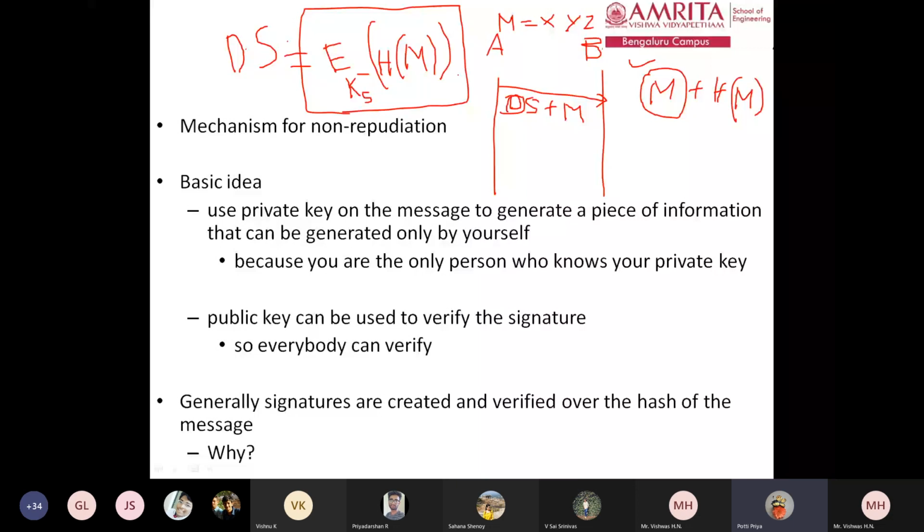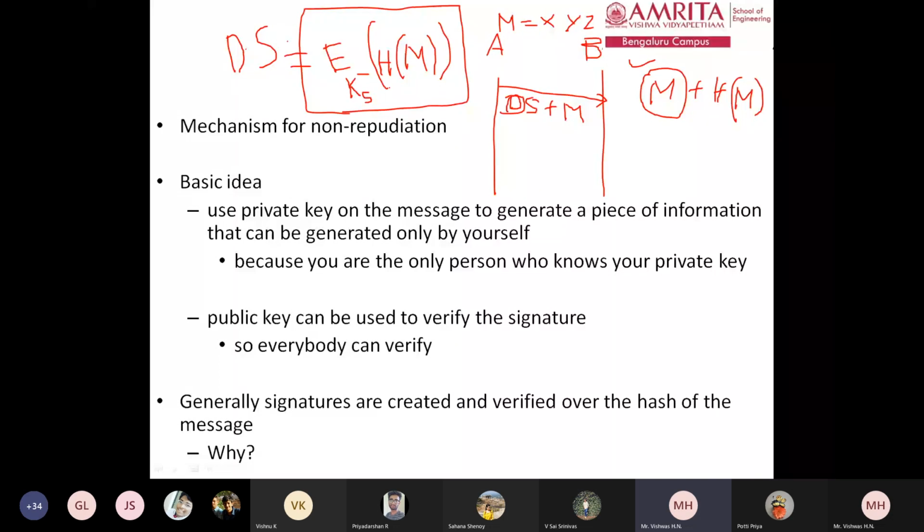Sir, initially you asked something and Sahana replied integrity. Can you repeat that point? Yeah, see, the question is why not directly encrypt the whole message with the private key, why are you encrypting only the hash code with a private key?